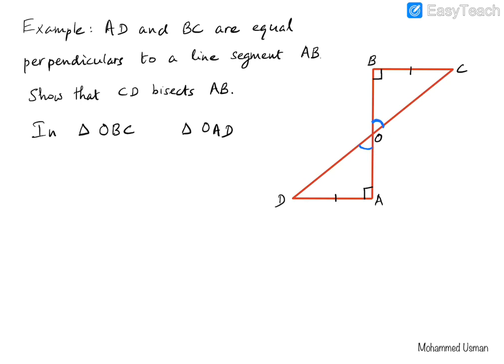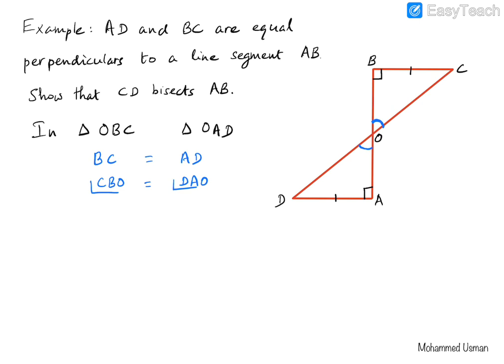So first we are given BC is equal to AD. Then we know that angle CBO is equal to angle DAO. They are both 90 degrees.